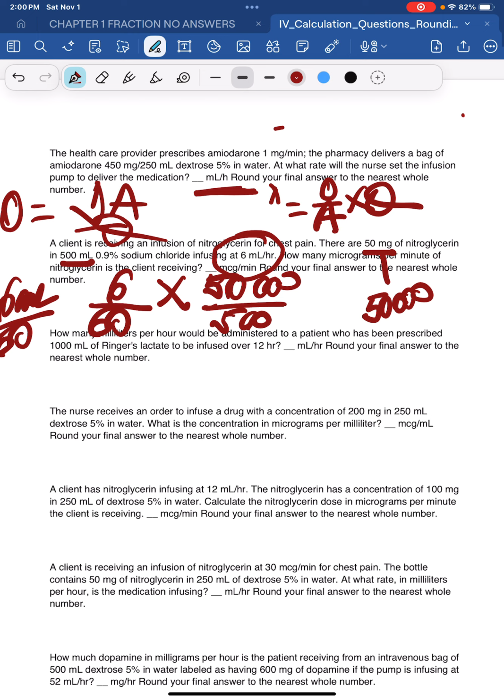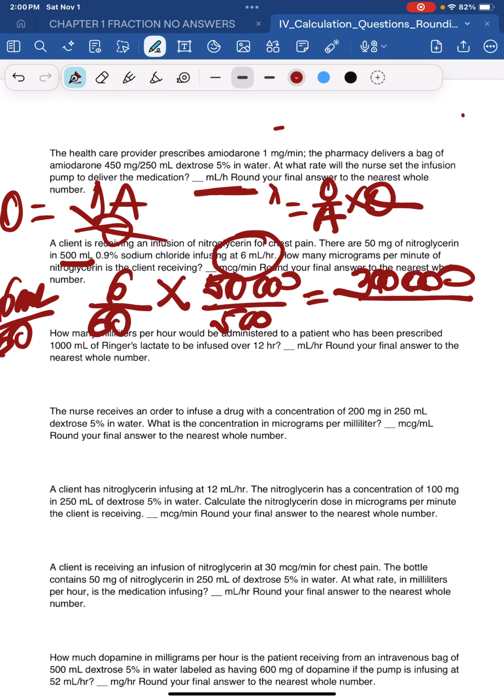Or if you want, you just go ahead and do 6 divided by 60. You have 0.1. Multiply that by available, which is 50,000, and divide that by quantity, which is 500. And the answer is going to be 10. If you like to do things as a fraction, then I'm going to multiply top and top. So I do 6 times 50,000, I got 300,000.